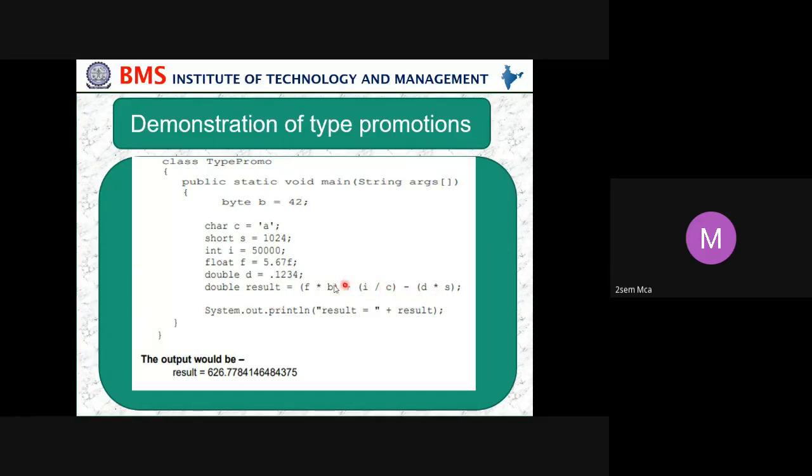So this result, because you can see all these will be calculated, and the resultant is a double. So double is what? 8 bytes. The size is okay, because all the others are smaller than double. So that's the reason you'll get the output as 62.77784, something like this. So this is type conversion.